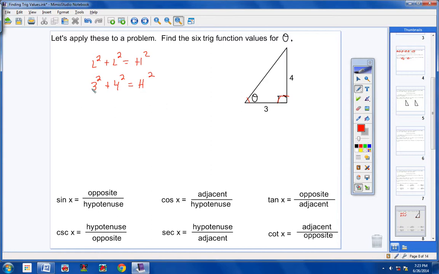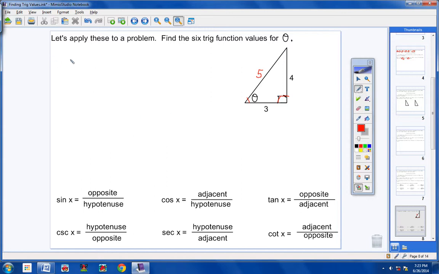Well, 3 squared is 9, 4 squared is 16. 9 plus 16 is 25. 25 equals h squared. Take the square root of both sides, and 5 equals your hypotenuse. So now that we know all 3 sides of this right triangle, let's go ahead and find the sine, cosine, tangent, cosecant, secant, cotangent of theta.